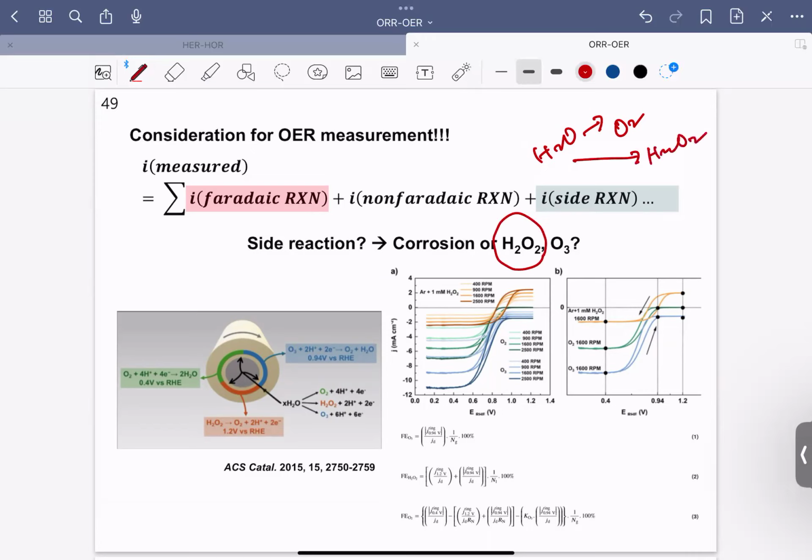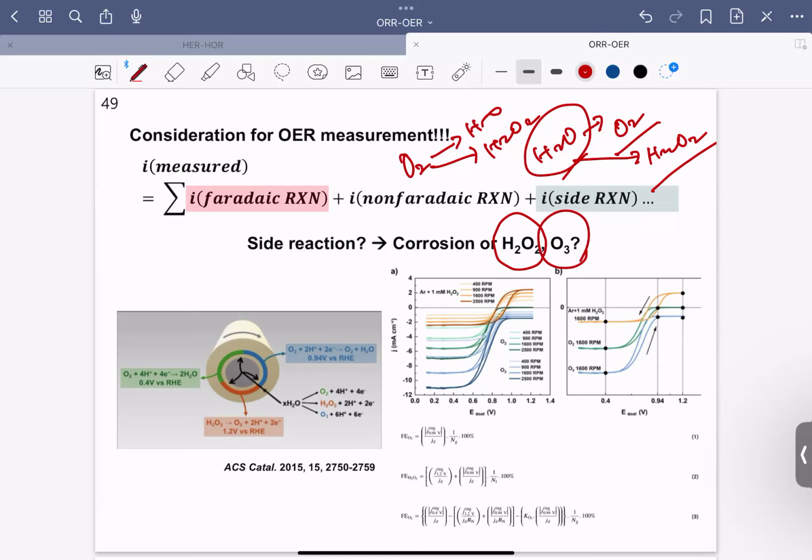Please keep in mind, we already discussed oxygen reduction producing either water or H2O2, right? In a similar way, water oxidation can produce either oxygen or hydrogen peroxide, right? And what about ozone? So there is a possibility, right? I'd like to say that.